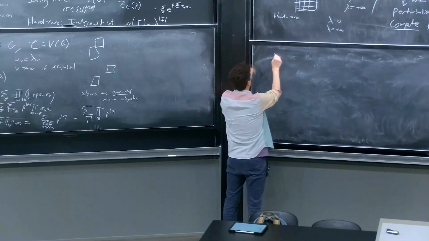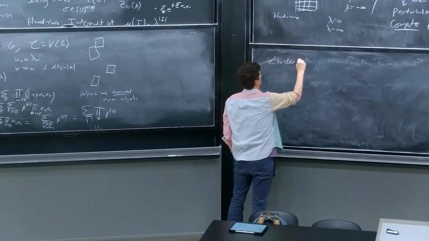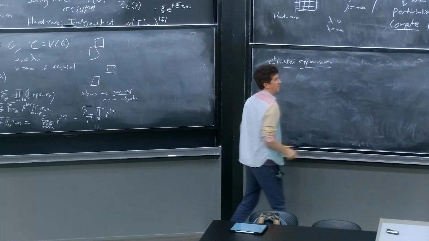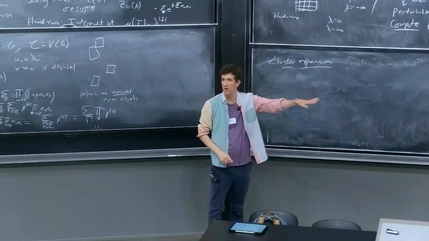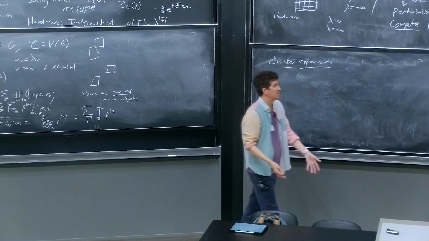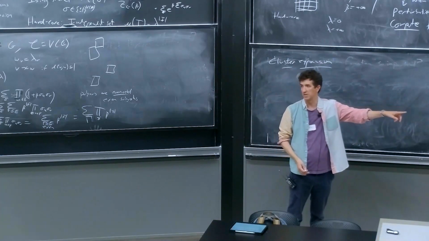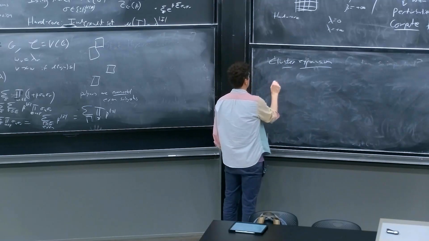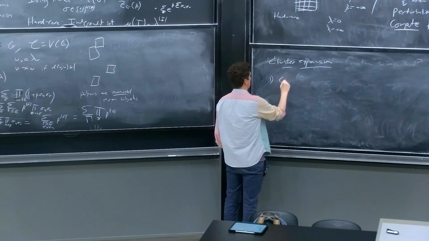So, okay, now we have our setup. We have this polymer model partition function. We want an infinite series for the log of that partition function. Okay, so now I have to give you a couple of definitions. One is, what is a cluster?